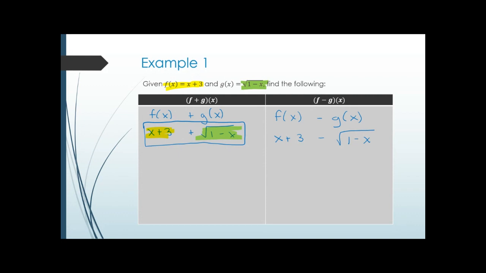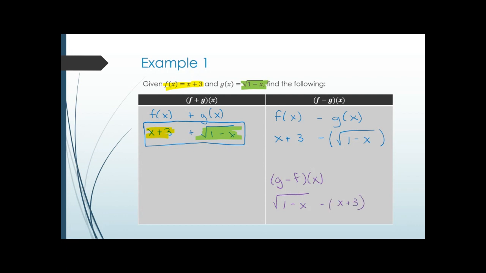Now, if you're subtracting and you have something with multiple terms, it's always best to put parentheses around it, because when you're subtracting, you do need to distribute that negative sign. So if instead we had g minus f of x, we would have the g of x first, and then we'd be subtracting f of x.